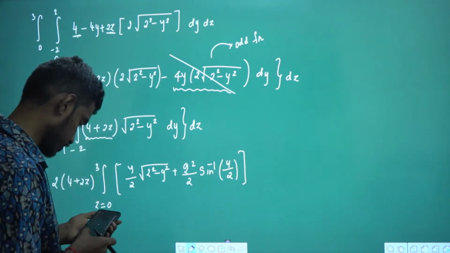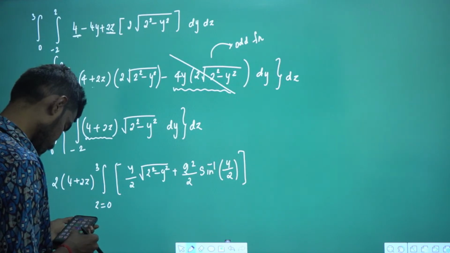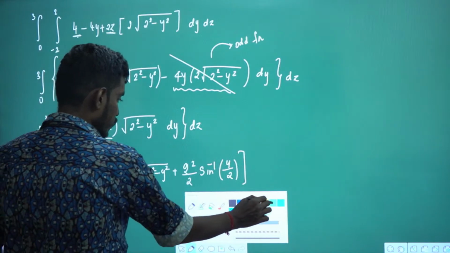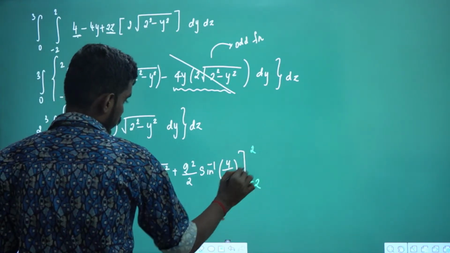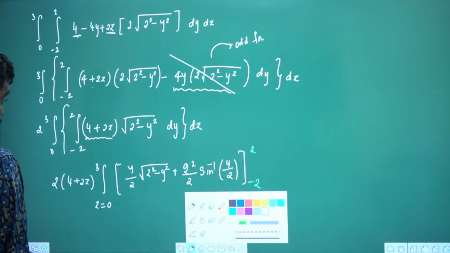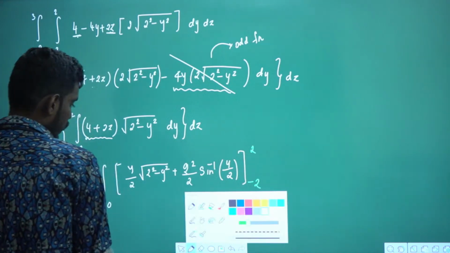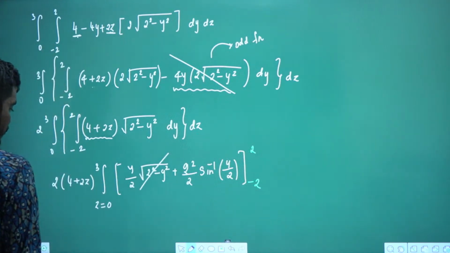So this will be equal to, just apply, it will be from minus 2 to 2. Again, this is an even function also, right? You can also apply directly. So upper limit minus lower limit, this will get vanished.